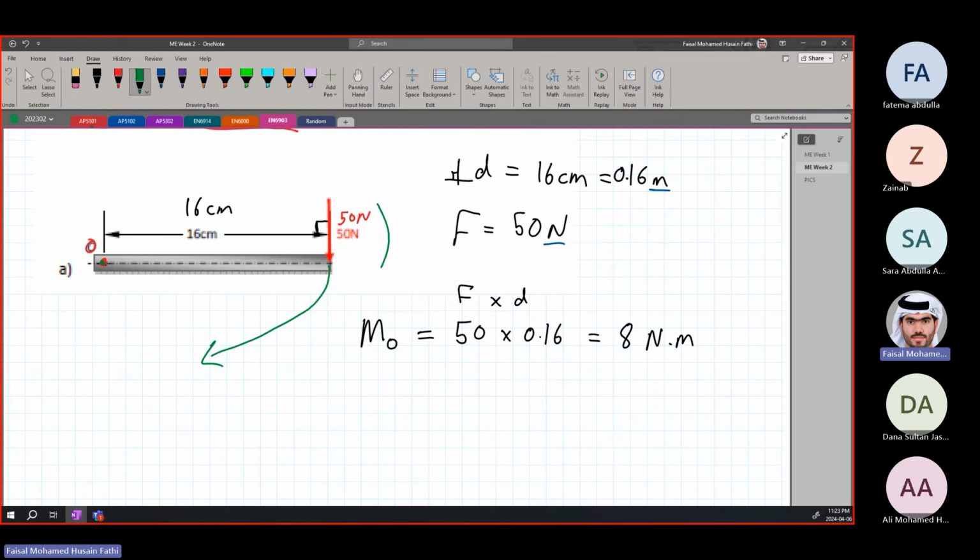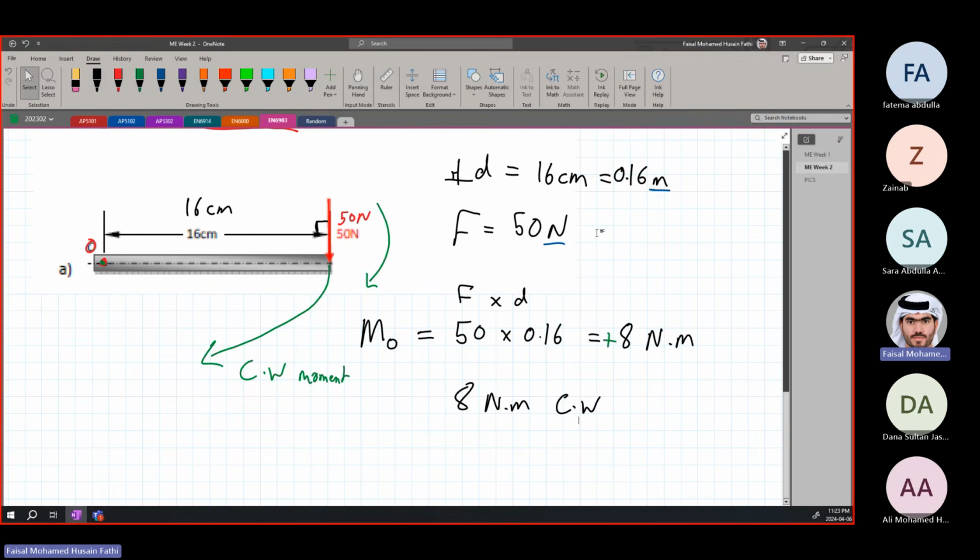It will go in this direction. This is the moment, it goes like this, in this direction. This means it is a clockwise moment. So it is positive. So you can simply say this is plus 8 Newton meters or clarify that this is 8 Newton meters clockwise. Okay, this is very important to know the direction.